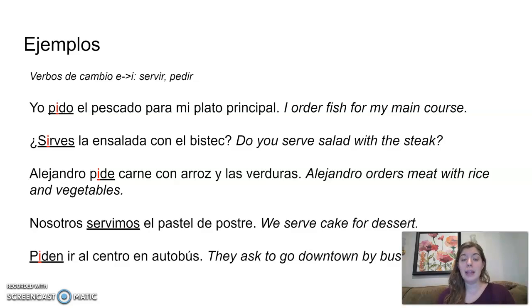Pero piden se cambia, E a la letra I, the E to I, y se quita IR, you take off that IR ending, y se pone EN, put the EN ending on, and that's what implies that the subject, or the you plural, es otra opción.